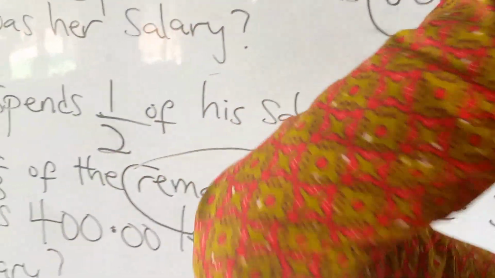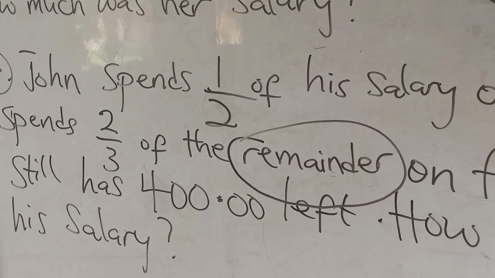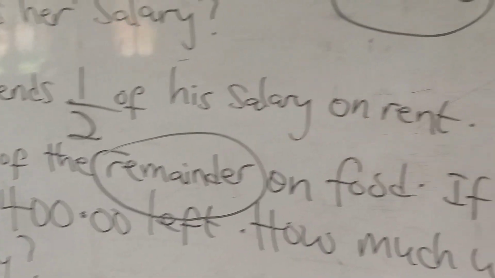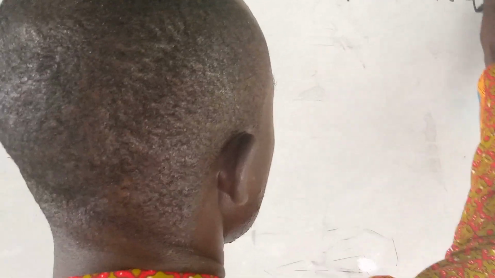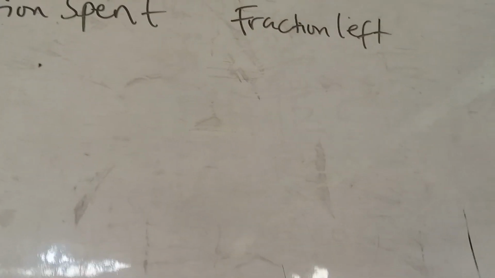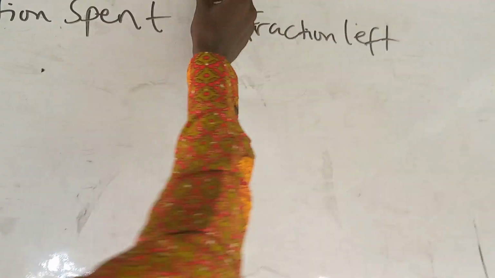So let us use that second approach, to see whether we get the same 2,400. So you draw your table, fraction spent and fraction left.